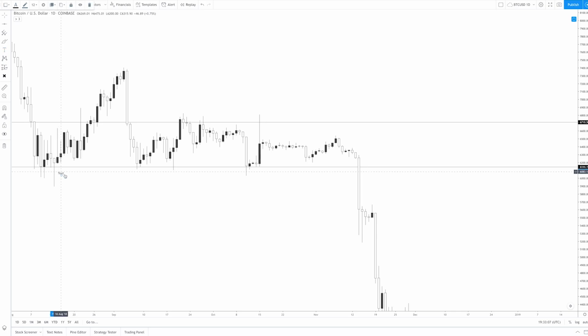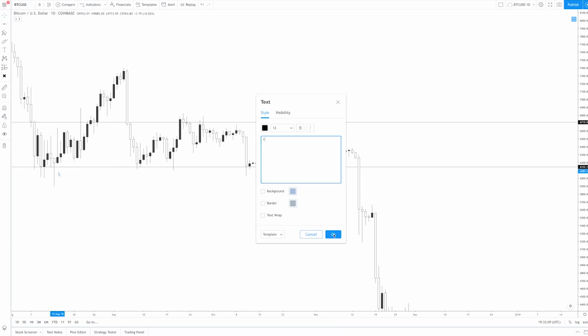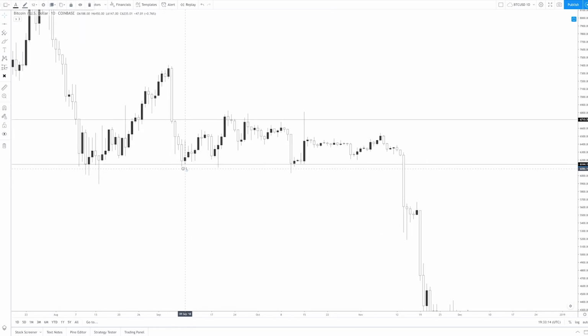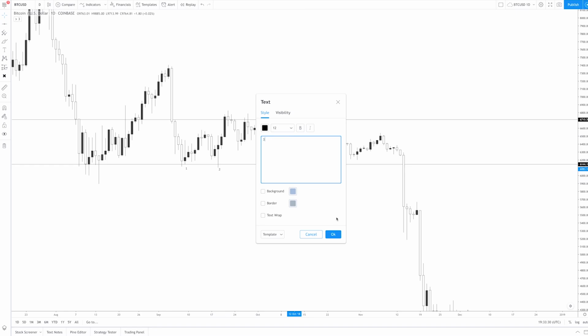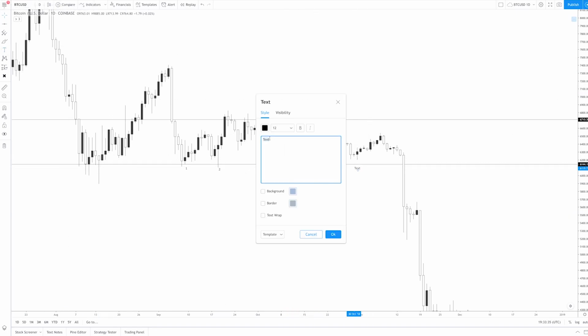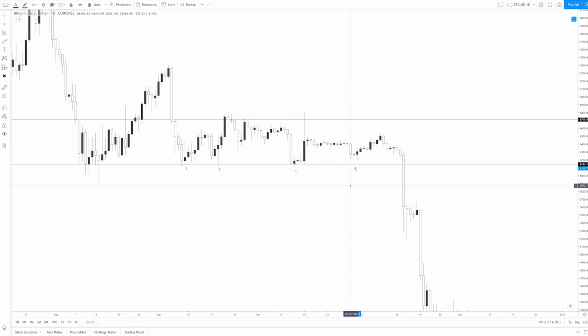We have our 1. Let's get this guy here. 1, 2, 3, 4, even though it didn't touch the range low exactly, it is close enough because we want to just kind of identify this zone.